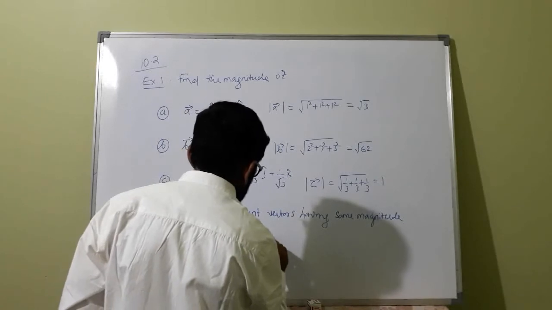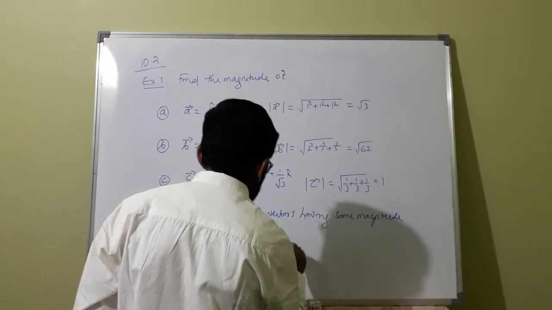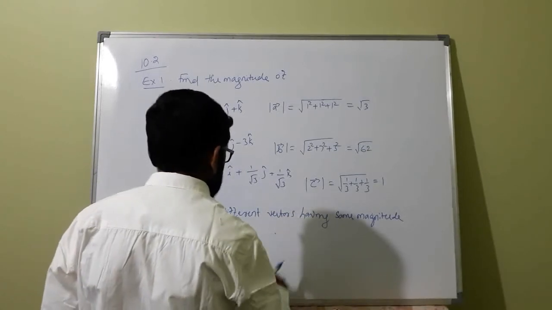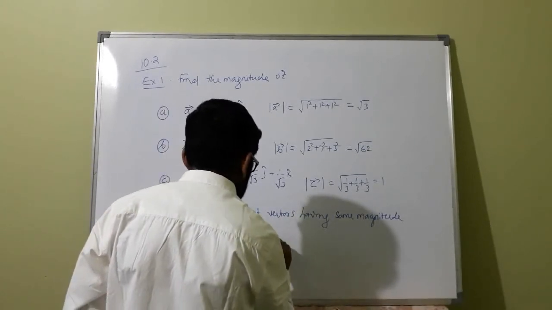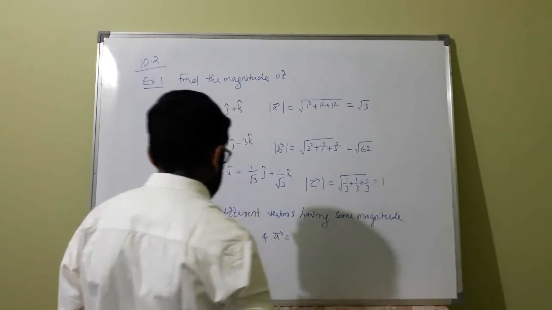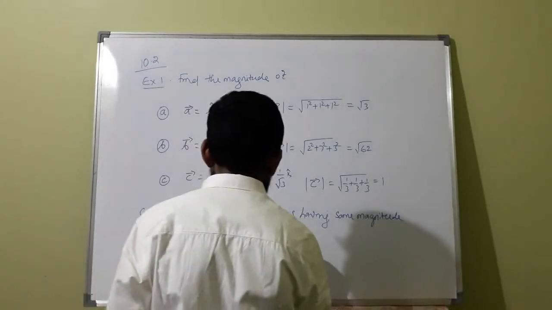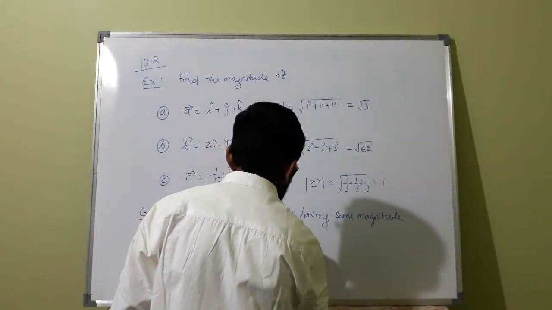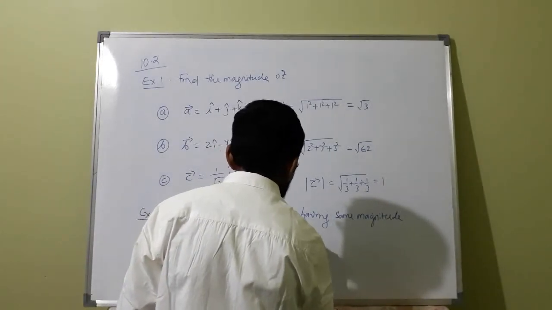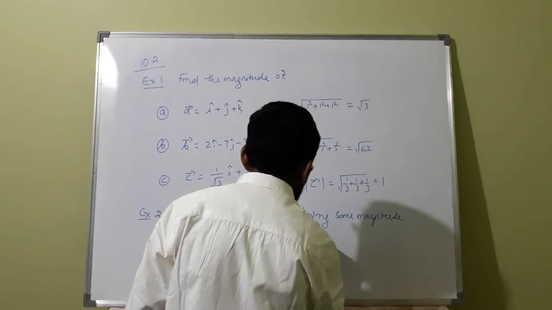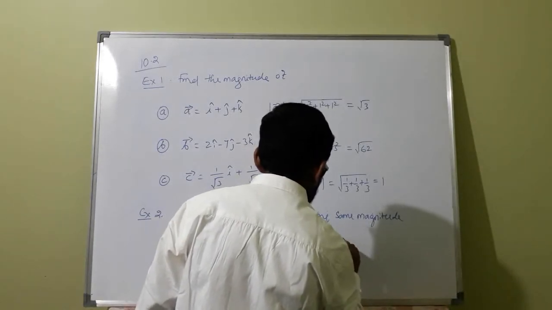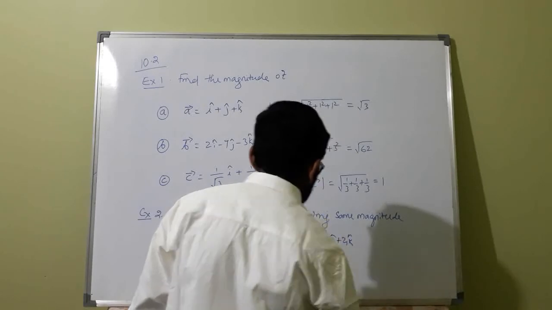Okay, so the magnitude of A is the same as, and A cap suppose is equal to x1i minus y1j plus z1k.